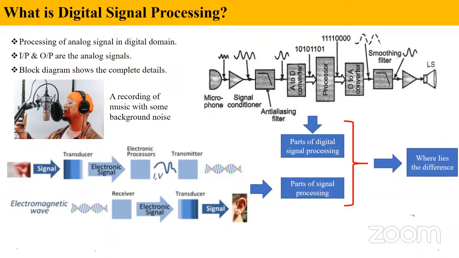You can see from that image an example of the recording of music. In that case some background noise may be there. So there must be some technique to remove the noise and to get noise-free audio, so that the music is clearer, which basically removes the noise from the background.